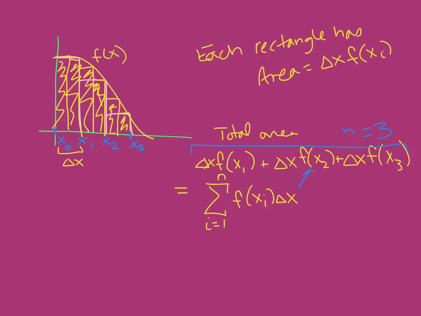Now, doing it this way is not really very practical. It would be really, really long if we were to find the area with many, many rectangles. However, we have a way to approximate this area. What we're going to do is get our best approximation for the area when n approaches infinity.